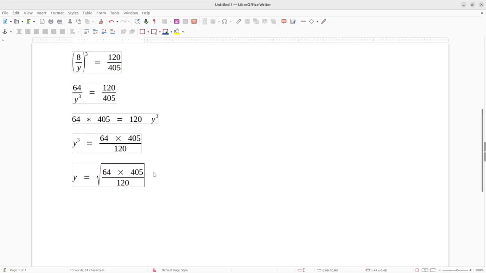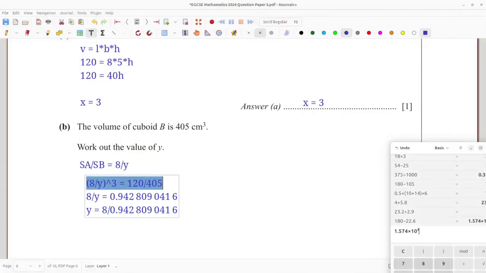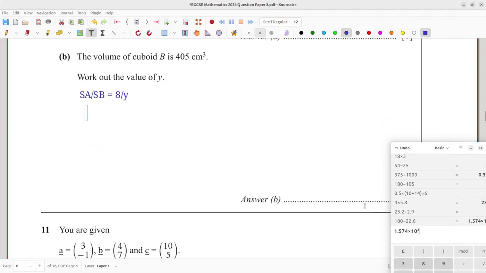Basically, as the cube root, I can put it in there, and the answer is going to be 12, which simply means that y is equal to 12. The idea is converting the length and the volume to the same dimensions.